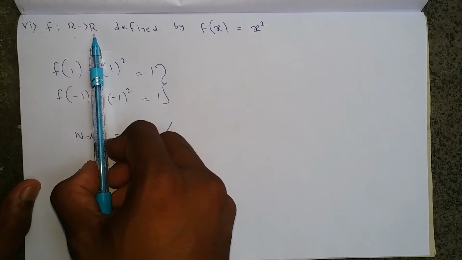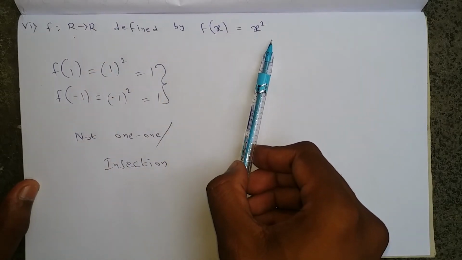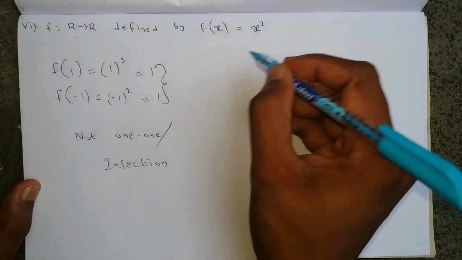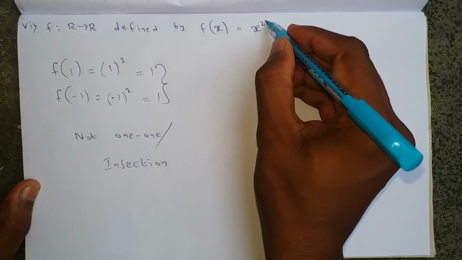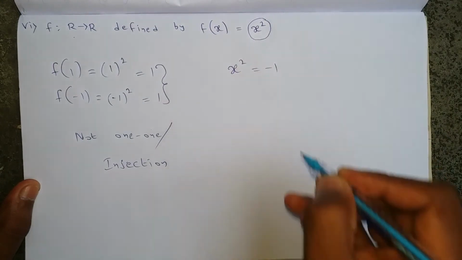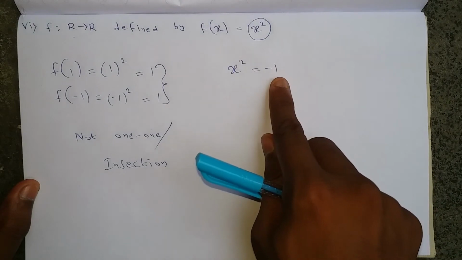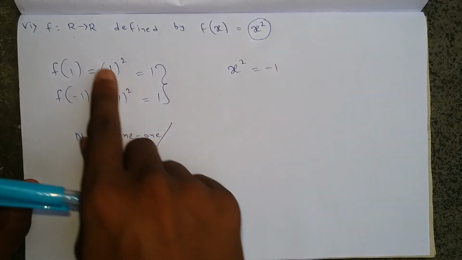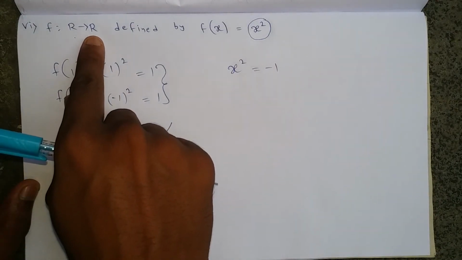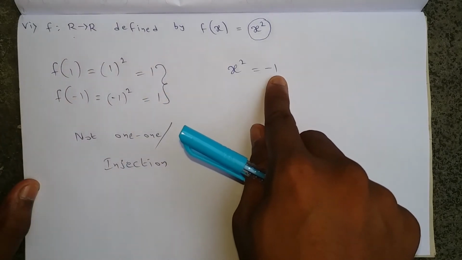So then is there any chance that codomain is equal to this range? For example, I am taking x square equals minus 1, because he said codomain as real numbers. So in the real numbers minus 1 also will be there.